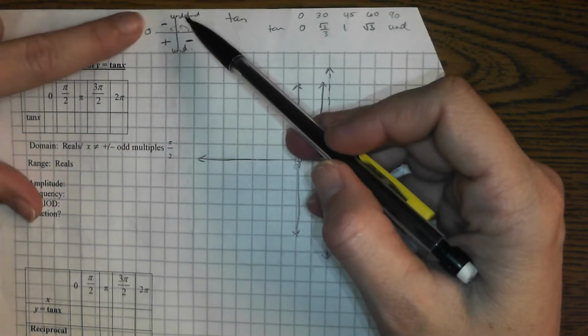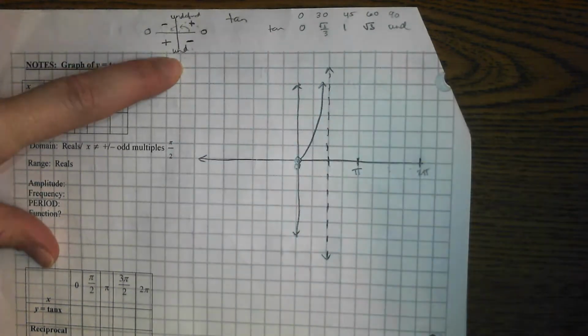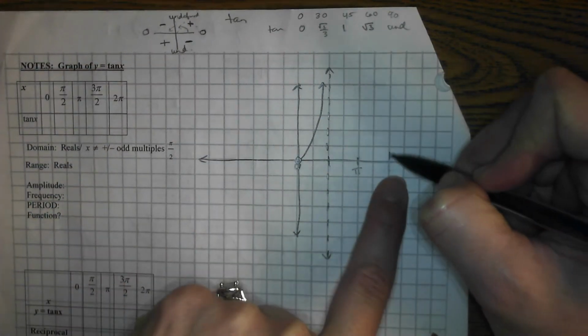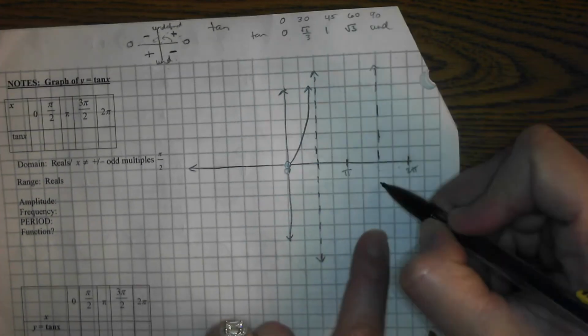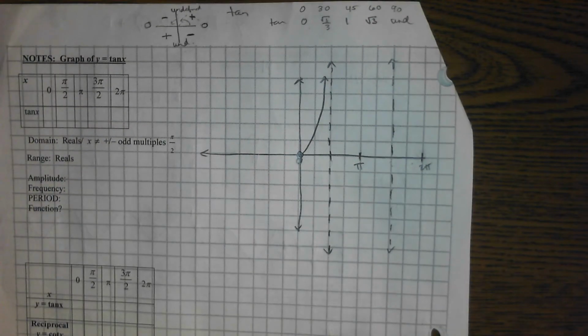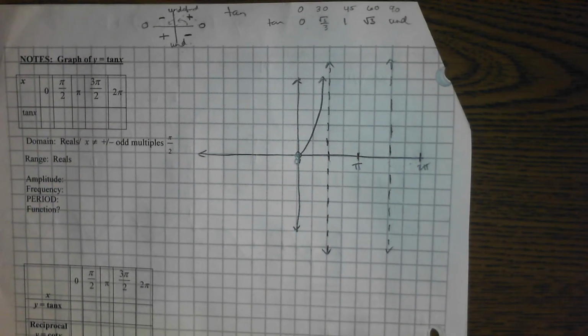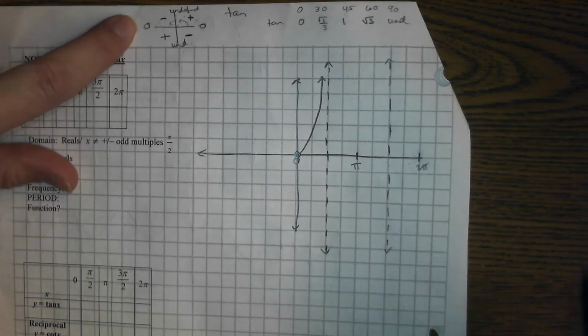So if there's an asymptote at pi over 2, we also have an asymptote at 3 pi over 2, which is halfway between pi and 2 pi. So put a vertical asymptote there. And at pi, from our unit circle, the tangent value is 0.